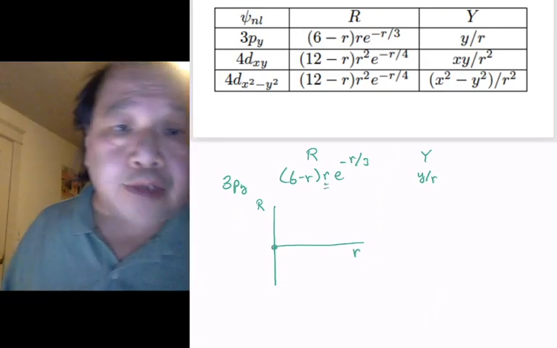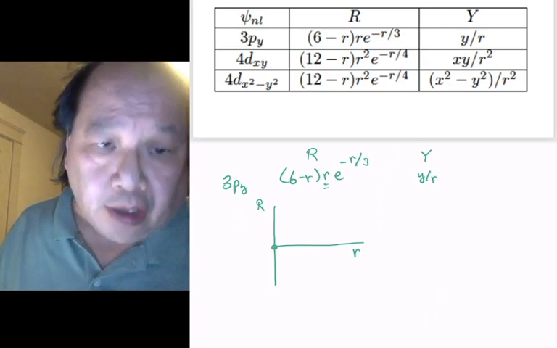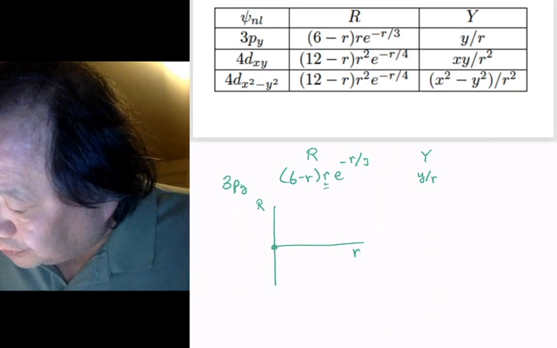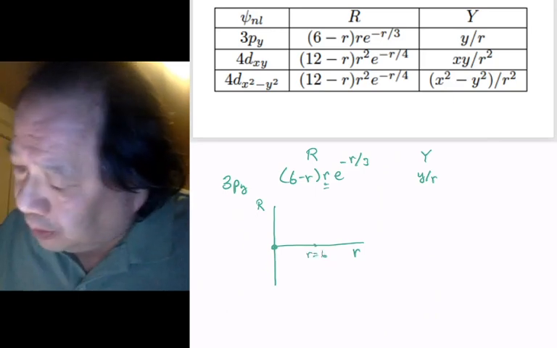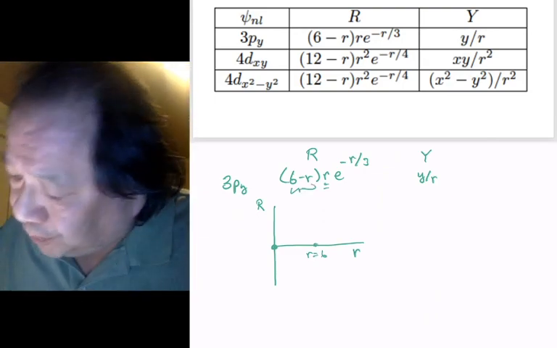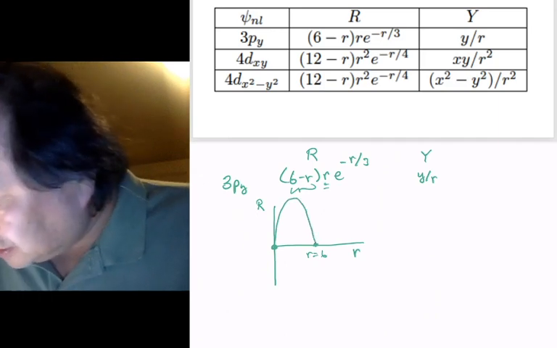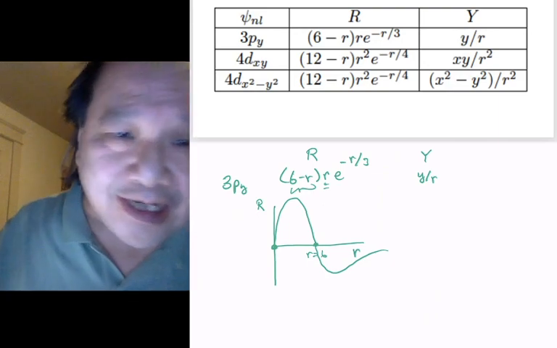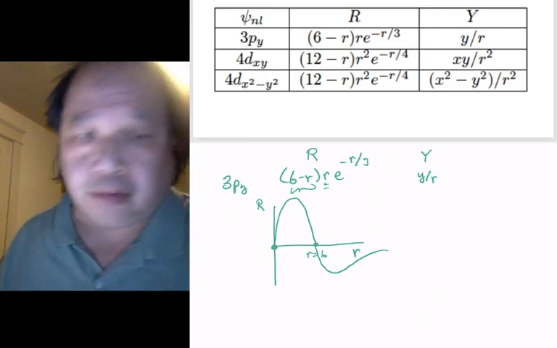Since it's times r, put it in chat. What's the value of capital R? Since little r is 0, capital R is 0. What's the value at 6? At r equals 6, 6 minus r is 0. And if you plot the function, you get this graph, which is exactly the 3py R function.